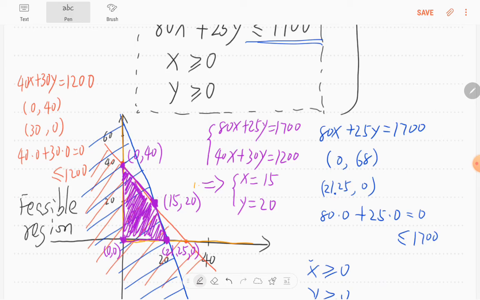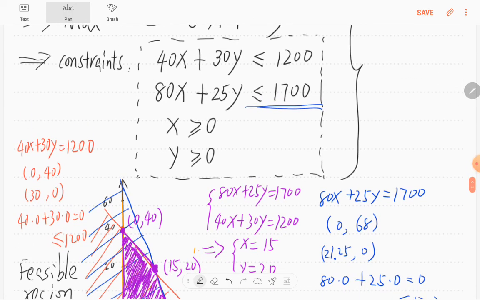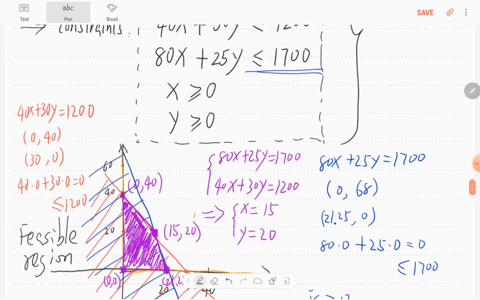We use the way to find the solution region for a system of linear inequalities, which we have learned in the previous section. If you are not familiar with that, you can go back and check that section. After you find this feasible region, you need to locate the corners, because as we said at the beginning, the maximum only happens at a corner. So we need to find all the corners.